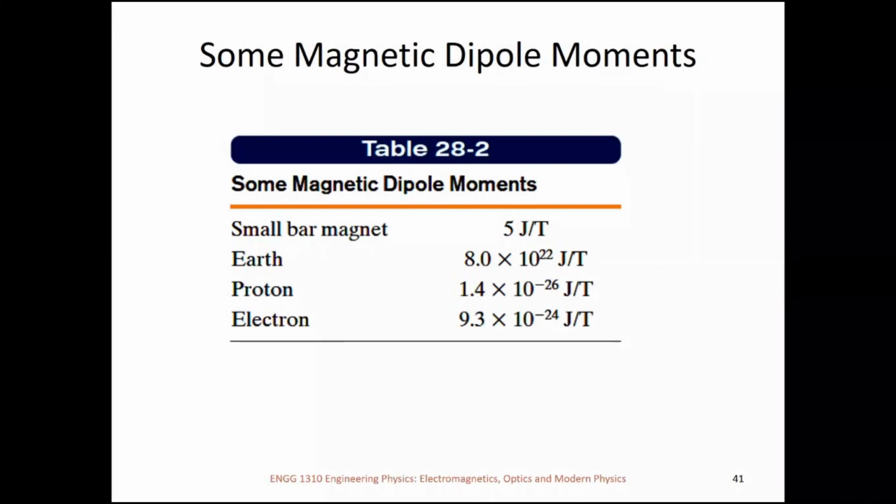But because the Earth is so huge, the B field generated is not that much, given the large radius of the Earth. Proton and electron are relatively weak, but there is still a magnetic dipole moment. That's one of the reasons why we have such a complicated electron structure for elements with a large number.